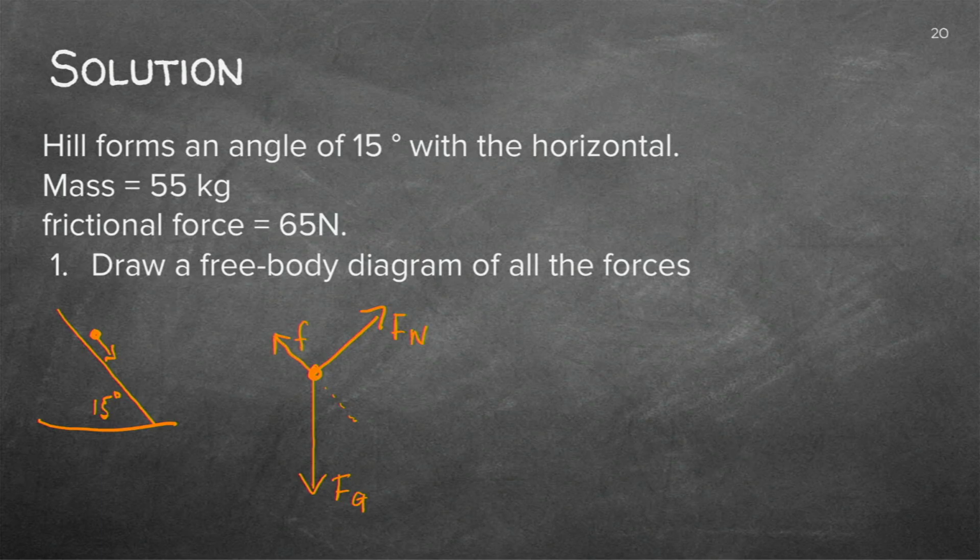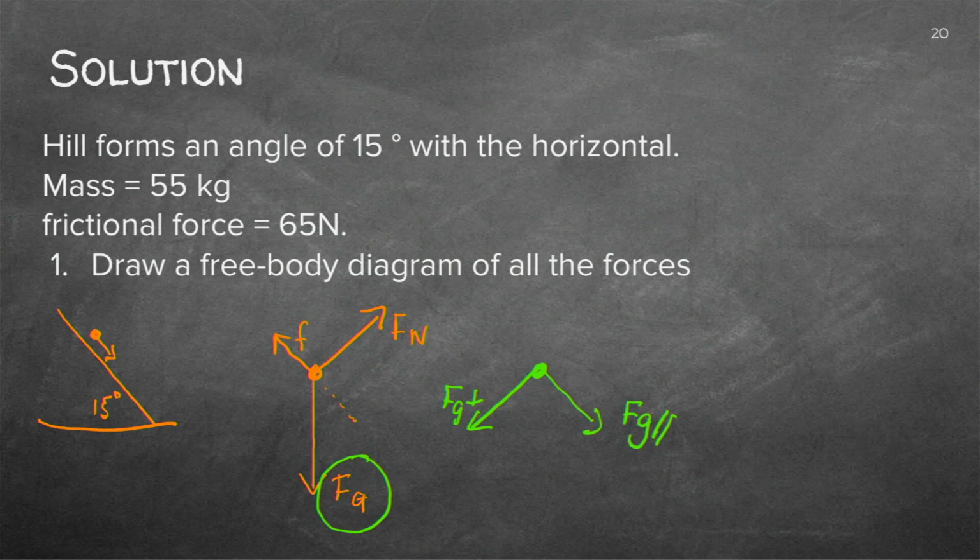Those are the three forces currently working on Ntombi. But remember, and I've said it in every slope question, the weight can be split into two components: you can have your perpendicular component and your parallel component.